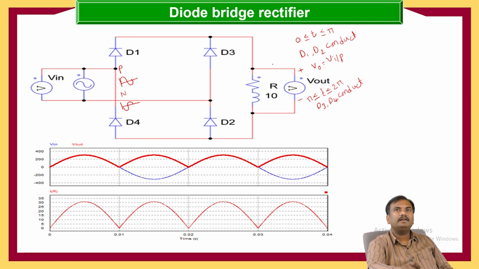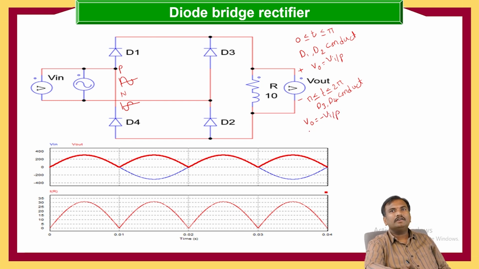Once D3 and D4 conduct, the positive of the output voltage is connected to the neutral of the input voltage. So we can write the output voltage as equal to minus of the input voltage.